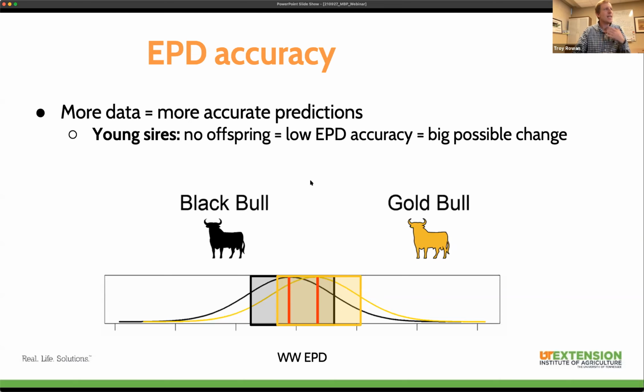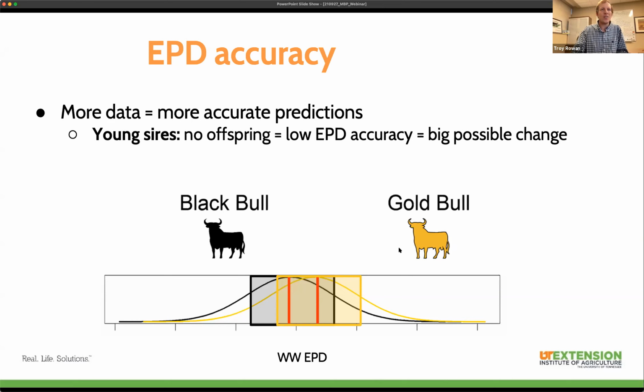So, the more accurate our predictions are, the more confident we are in that EPD representing the animal's true genetic merit. Young sires that don't have any offspring information in a genetic evaluation are going to have low accuracy, which means that these EPDs, this estimate of the mean of this distribution, can shift quite a bit as we add more information in.